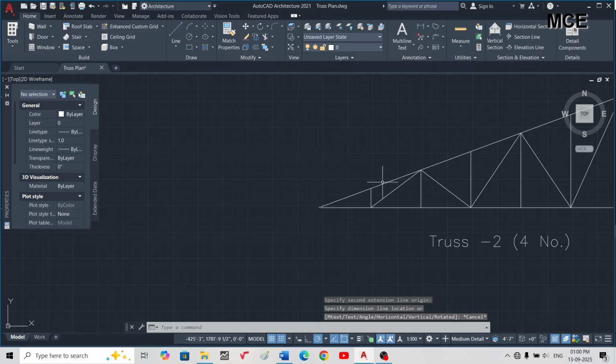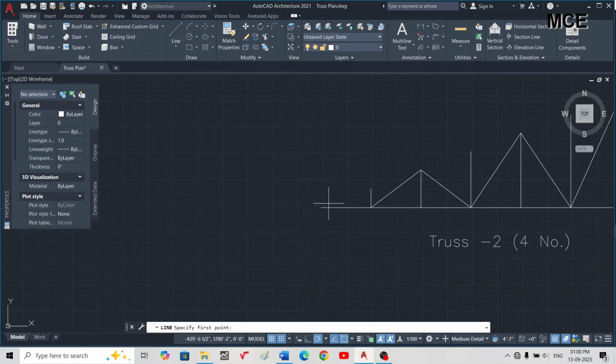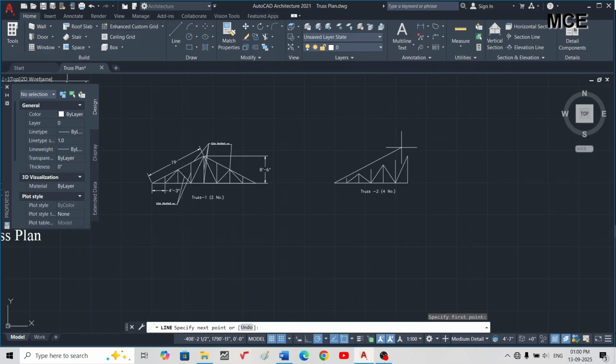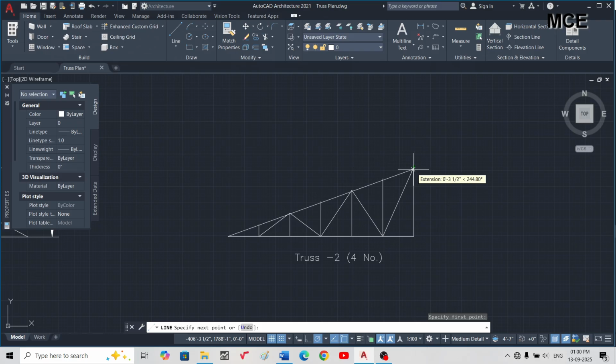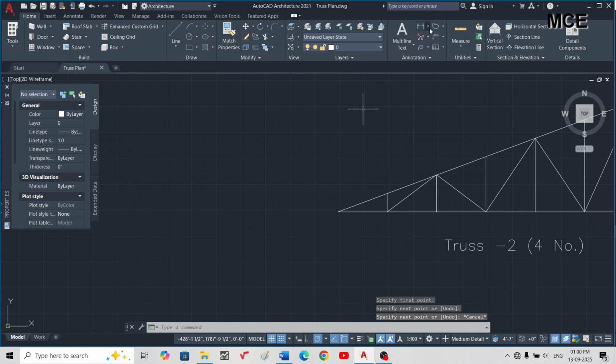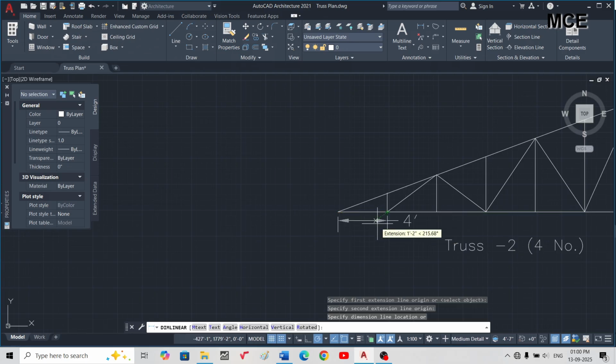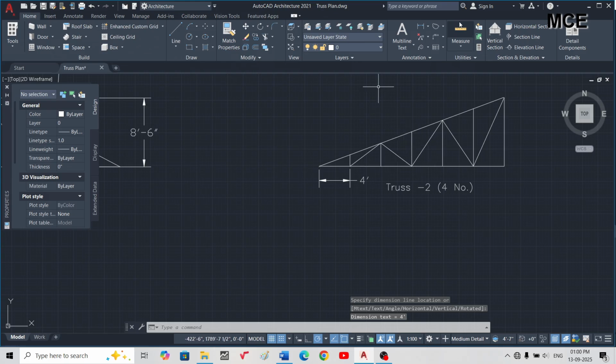Actually, this line has not properly connected with the bottom, so let's fix it again. Okay, so all the gaps are 4 feet.